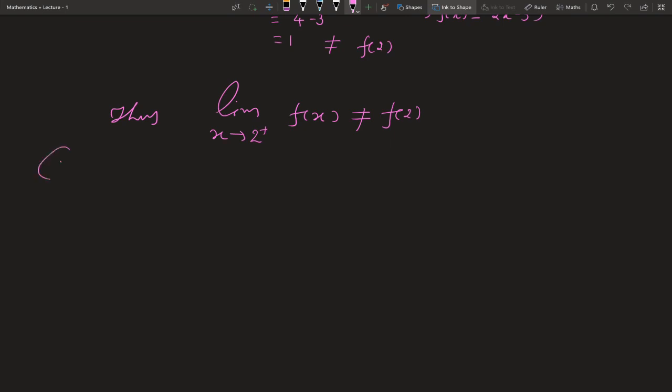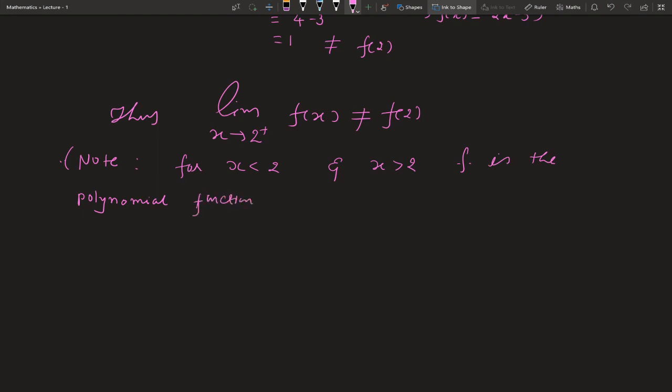Now for x less than 2 and x greater than 2, f is the polynomial function which is continuous.